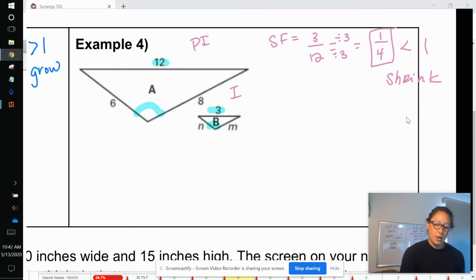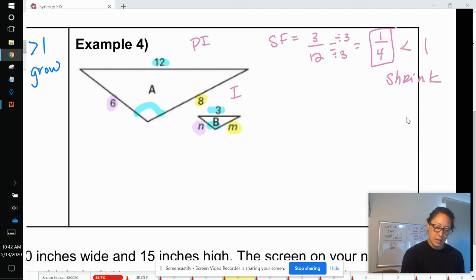So look at your diagram. Does the shape shrink in size from the pre-image to the image? Okay, good. Yes, it shrinks. All right, now we have to find the lengths of m and n. So let's start with the 8 corresponds with m, and the 6 corresponds with n.